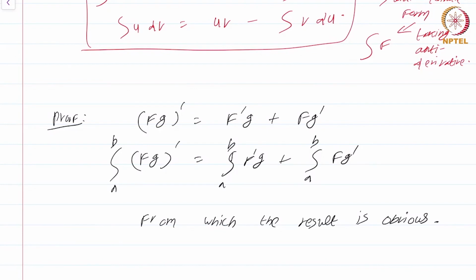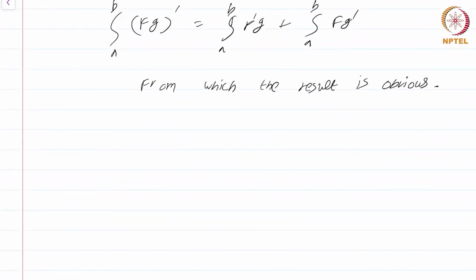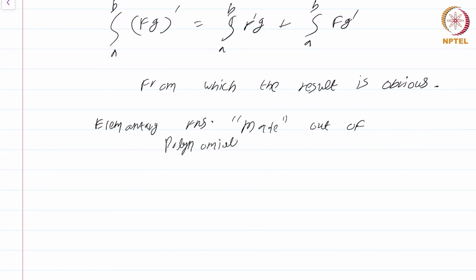Note that one of the consequences of the fundamental theorem of calculus is that every continuous function has an antiderivative. But if you just talk about elementary functions, which we are going to define very soon, these are functions made out of, I'll put this in quotes, polynomials, trigonometric functions, exponentials, logarithms, quotients.